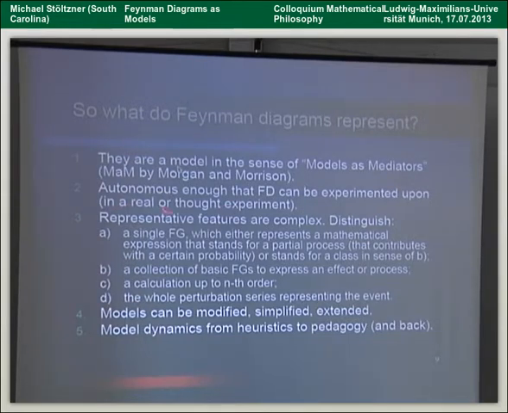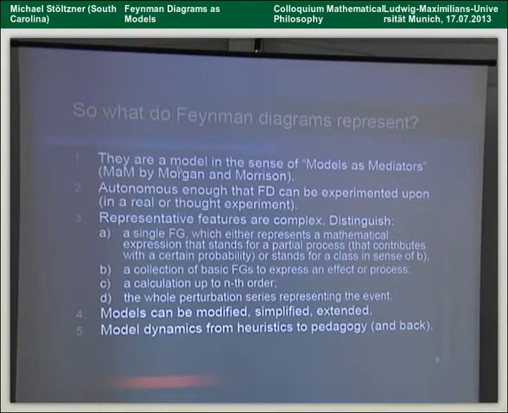And I will use the models as mediators approach, because this resilience showed a certain autonomy of the Feynman diagrams, that they are an object of study, an object that gives you confirmation, disconfirmation, you can experiment with, more in a thought sense than in a real sense. So you can check your hypothesis at it.